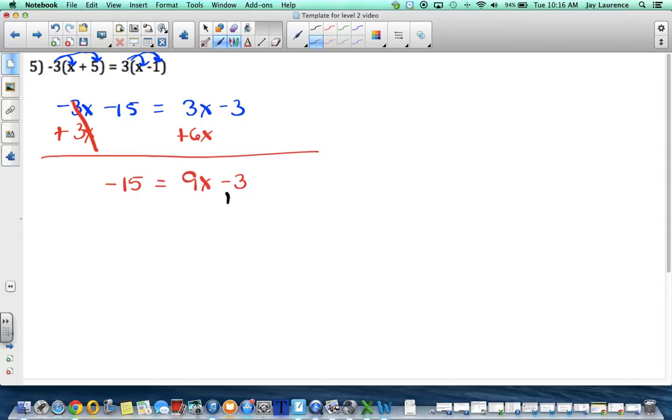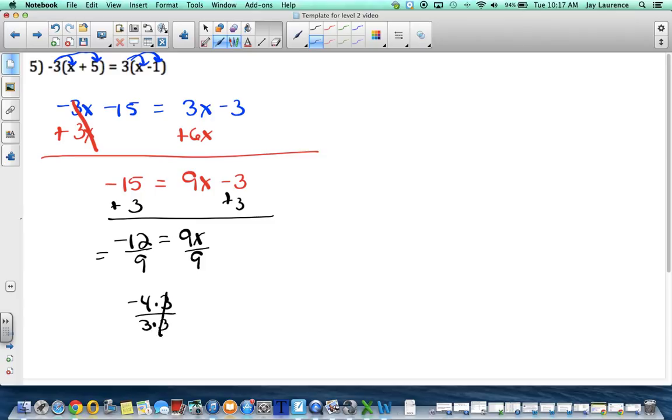I'll add 3 to both sides. I'll get a negative 12 is equal to 9x. I'll divide by 9. I will simplify, dividing both of them by 3, right? Because negative 12 can be thought of as negative 4 times 3, and 9 is 3 times 3. And so look, those are going to cancel.